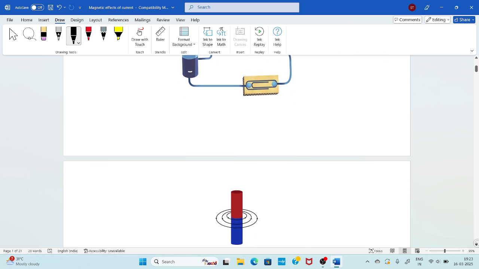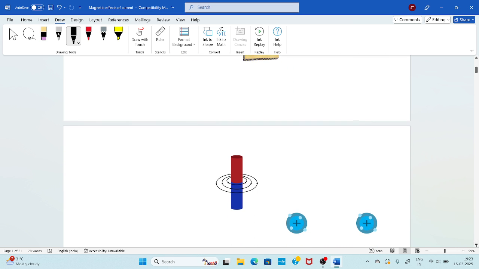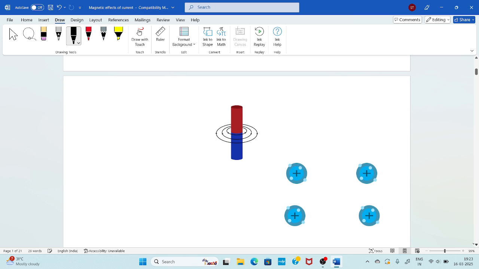Next, let us take an example. The current is flowing in this direction. The magnetic field around the wire is perpendicular to the direction of the current flow. Suppose this is an electrical wire, and the charges are moving with a constant velocity.